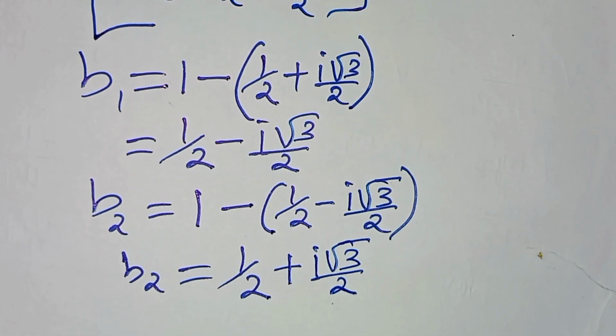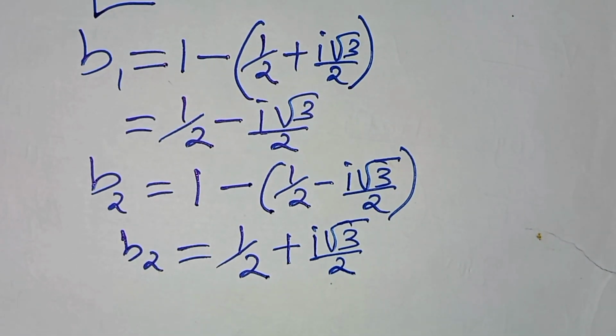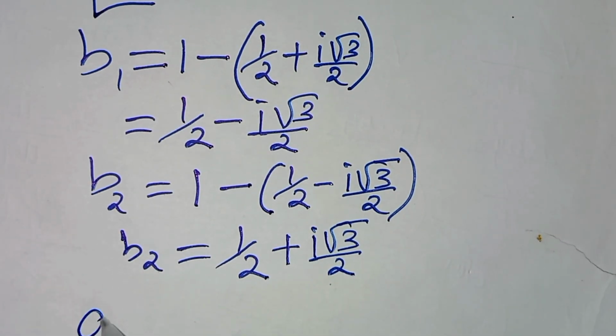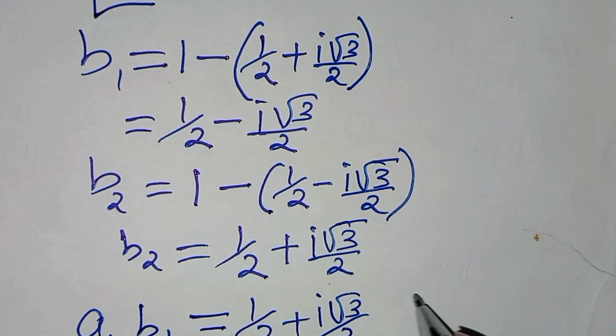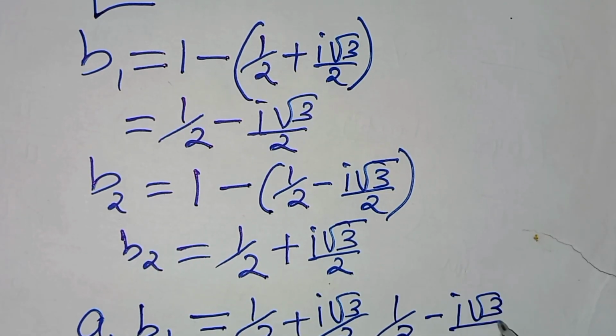So that means that we have that a1, b1, this is equal to half plus i square root of 3 divided by 2, and b1 is actually half subtract i square root of 3 divided by 2.